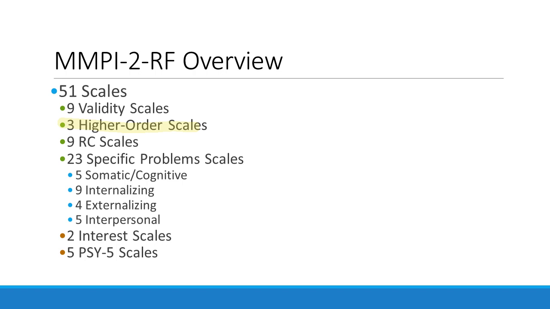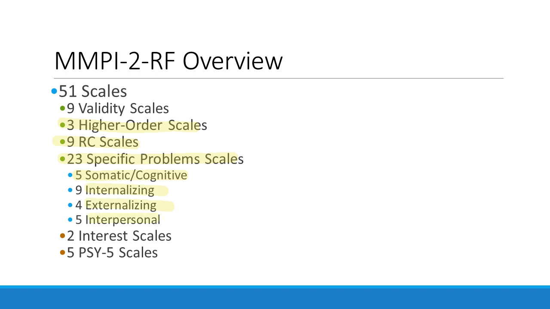At the mid-tier of the hierarchy, and kind of at the core of the MMPI-2-RF, we have the 9 restructured clinical scales, and then at the bottom of the hierarchy, we have the 23 specific problem scales that get at more narrow-based symptoms and traits. These 23 specific problem scales are organized into 4 thematic domains of somatic/cognitive, internalizing, externalizing, and interpersonal scales.